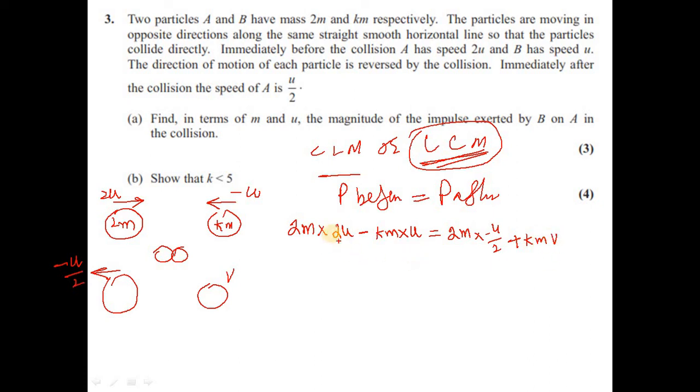So this is 4mu minus kmu, equal to, as the 2 gets cancelled, minus mu plus kmv.